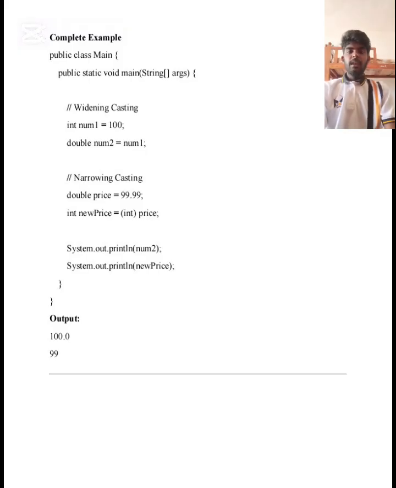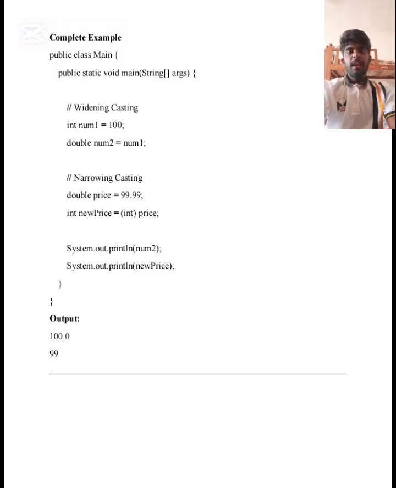Then we assign number1 to the double variable number2. This is widening casting because Java automatically converts the integer into a double. The output is 100.0.